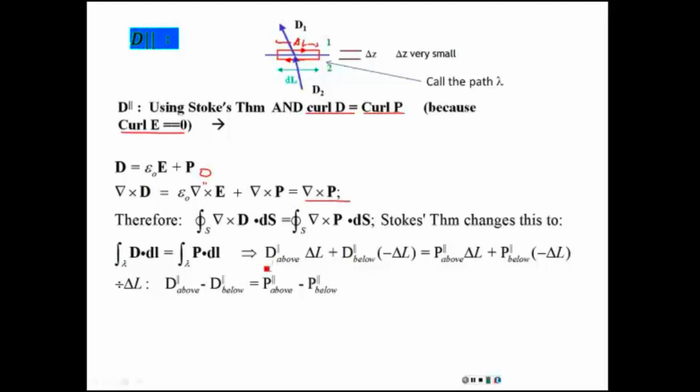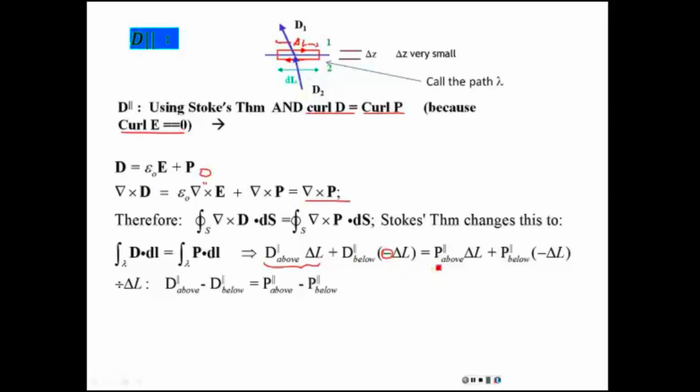Because D parallel is essentially constant over this line interval, we can take it out of the integral, and so we end up with the simple condition that D parallel above times the length of that line segment plus D parallel below times the length of that line segment, taking into account that there's a minus sign because of the directionality of DL. It switches.